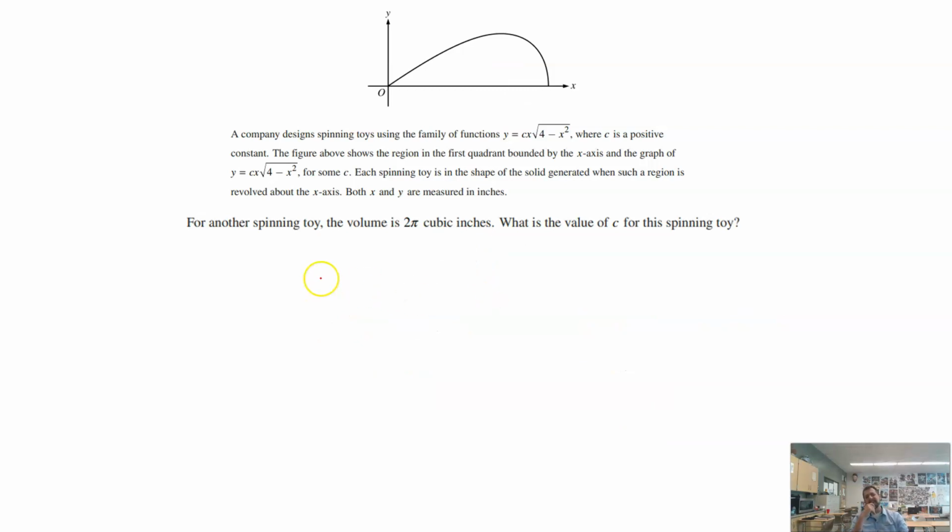Letter C says, for another spinning toy, the volume is 2 pi. So remember, I'm basically going to take this and revolve it around. It wants to know what c is going to be to make it be 2 pi. Well, that's going to be pi times the integral from 0 to 2 of my function, cx times the square root of 4 minus x squared, but I need to square that, and I'm going to try and solve for c.